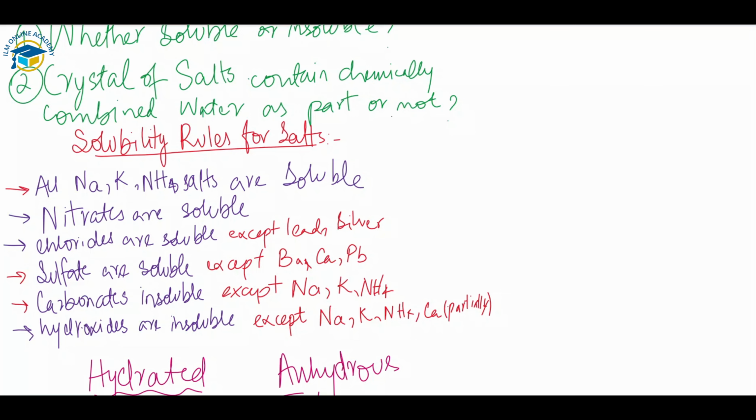A hydrated substance is one that is chemically combined with water, and anhydrous means there is no water present. Then we talked about the water of crystallization, that indicates the water molecules that are chemically combined in the salt crystals. And you can also use the water of crystallization to show the presence or absence of water.